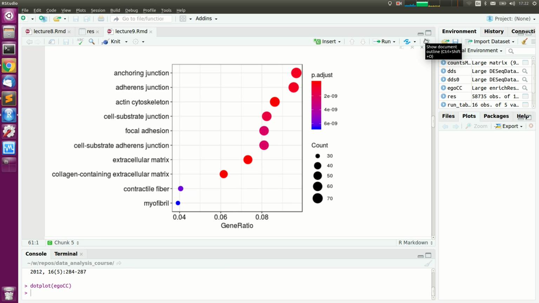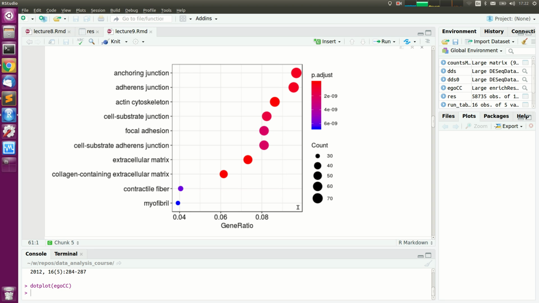So how does this work? Each of these things is one of these GO terms: anchoring junction, adherens junction, actin cytoskeleton, and so on. The x-axis tells us the ratio.